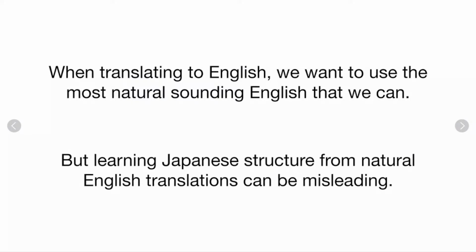It was originated differently. So I want you to have a language model of Japanese and not necessarily tie that back to how English works, but just think this is how Japanese works. As long as you can do that, then when I introduce new concepts to you in Japanese, I think it will be faster for you to add them to your toolkit and be able to use them more naturally.